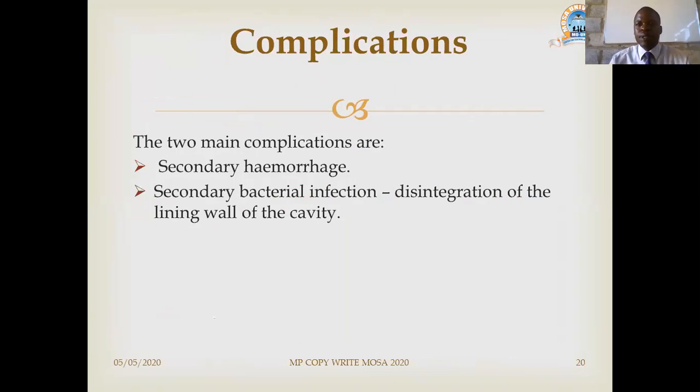Of course, you can also bring in other complications which are always associated with surgery. But as far as liver abscess is concerned, when someone undergoes a surgical procedure, the main two complications we expect to hear from the student will be secondary hemorrhage as well as secondary bacterial infections.